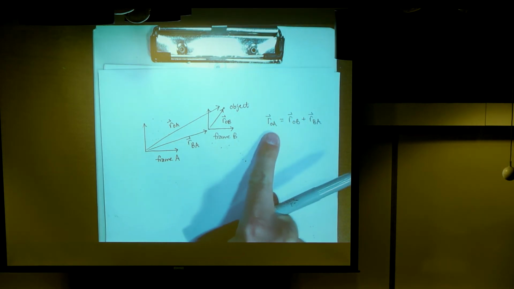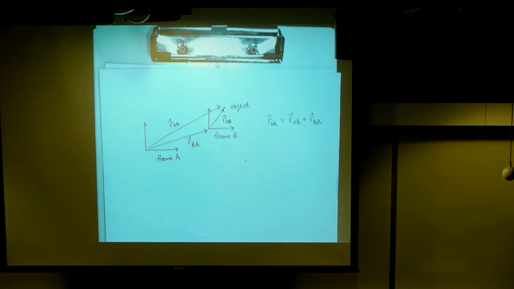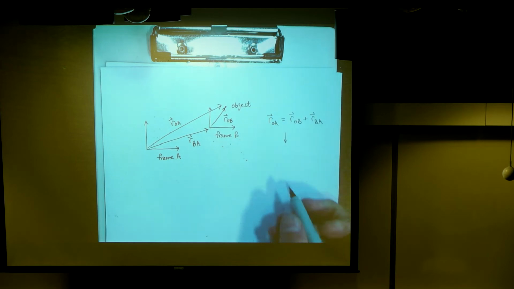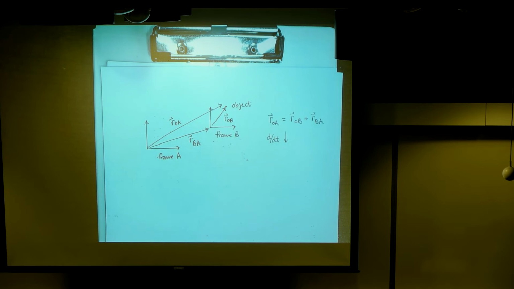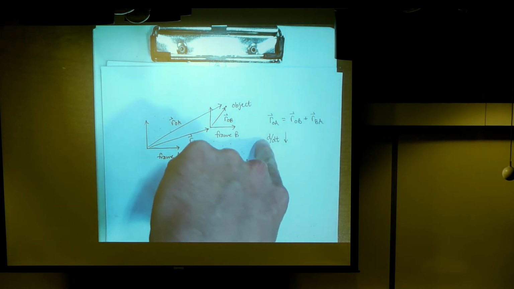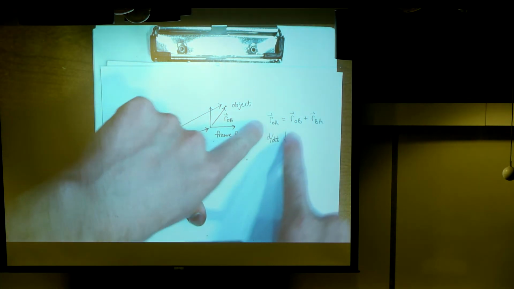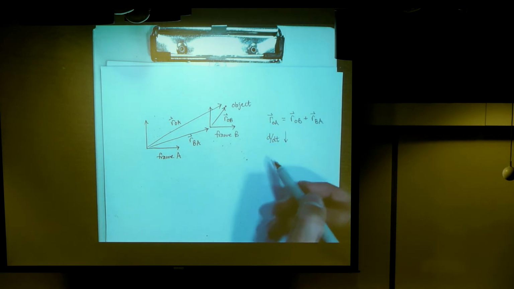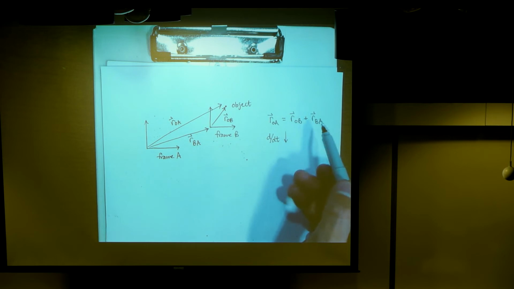So if I want the position measured in frame A, I would add these two together and get that position out, okay? Now the last thing we're going to do here is actually pretty simple. On both sides of the equation, I just want to take a derivative, or think of this as a rate of change, okay? If I take the derivative of what's on both sides, I'm going to have the derivative of this r equals the derivative of this r plus the derivative of that r.